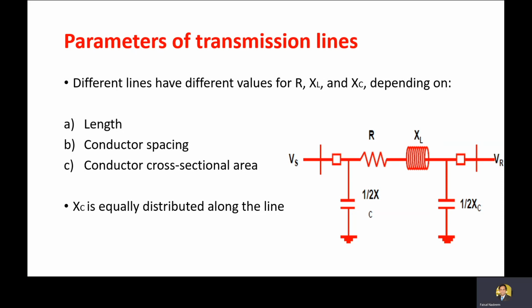The value of these parameters of transmission lines generally depends upon the length of the line, the conductor spacing, and the cross-sectional area of the conductor. The value of capacitance is generally neglected in case of short transmission lines, whereas it is considered as a lumped parameter in case of medium transmission lines, while it is considered as a distributed parameter along the whole line for long transmission lines.